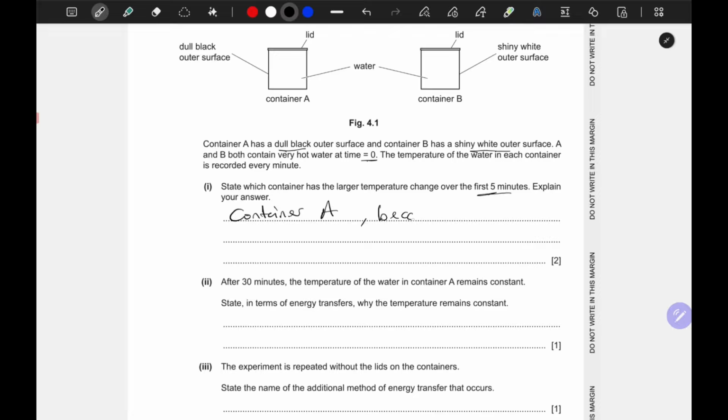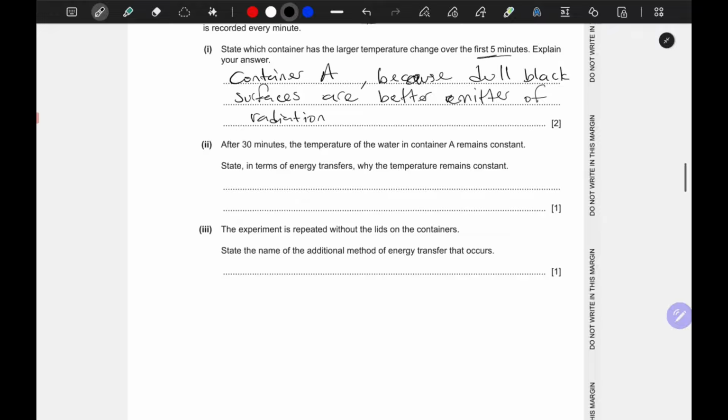Because dull black surfaces are better emitters of radiation. Since they are better emitters of radiation, they will lose their heat faster. So the temperature decreases faster.